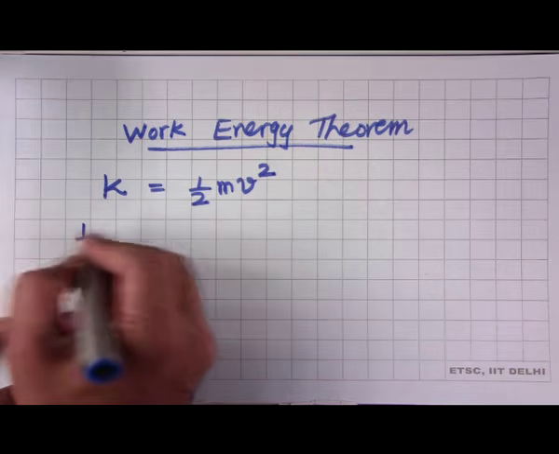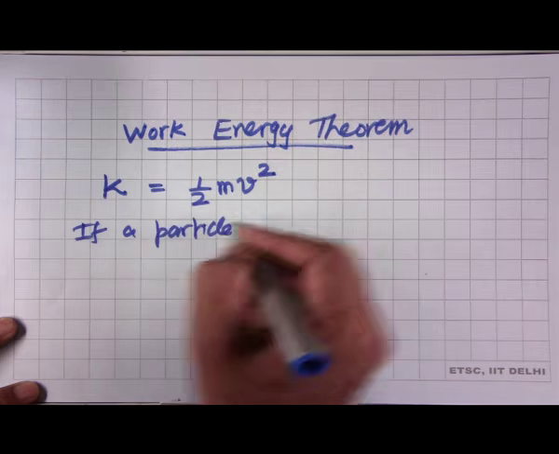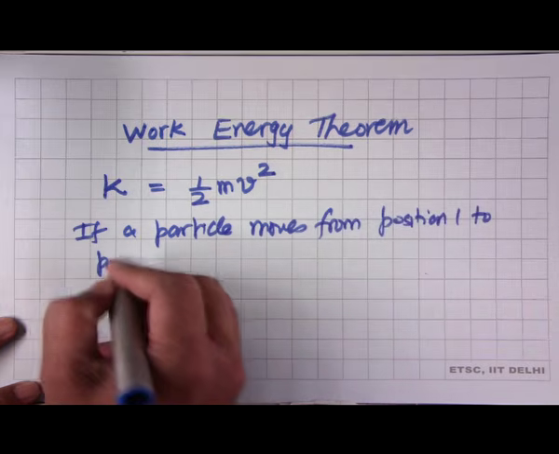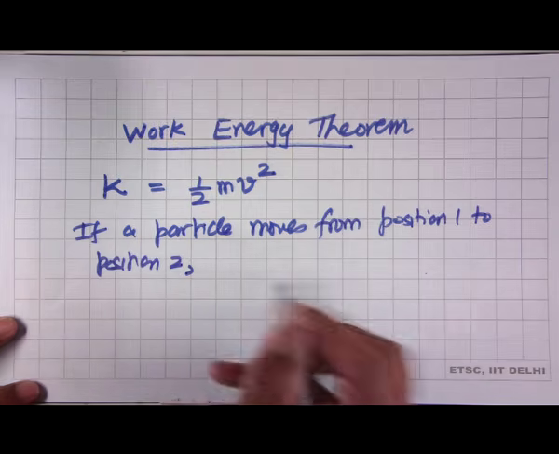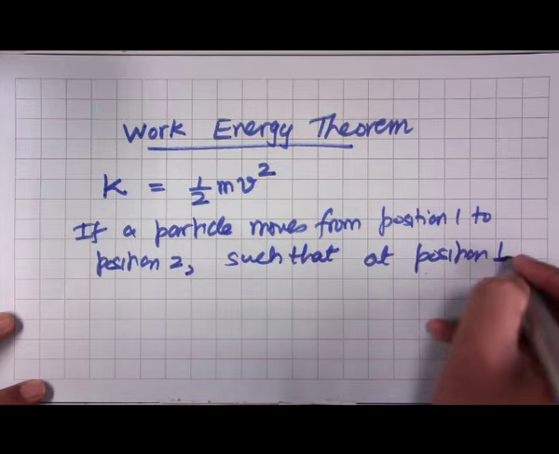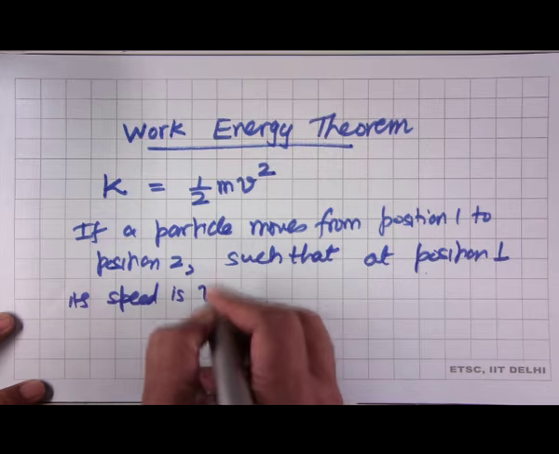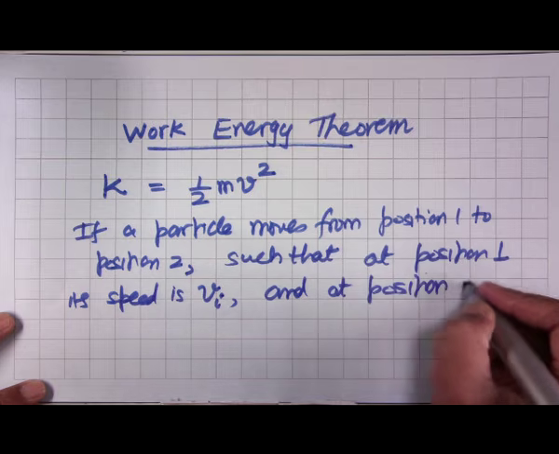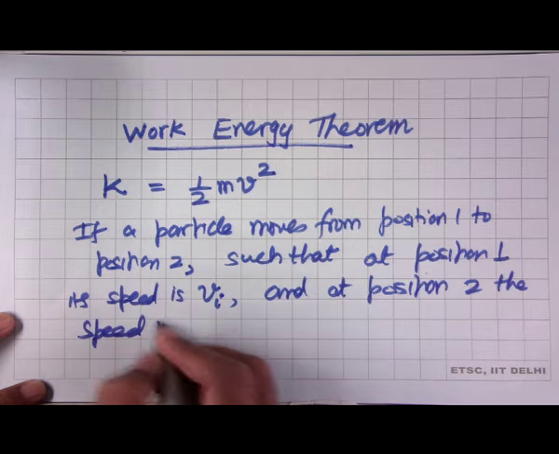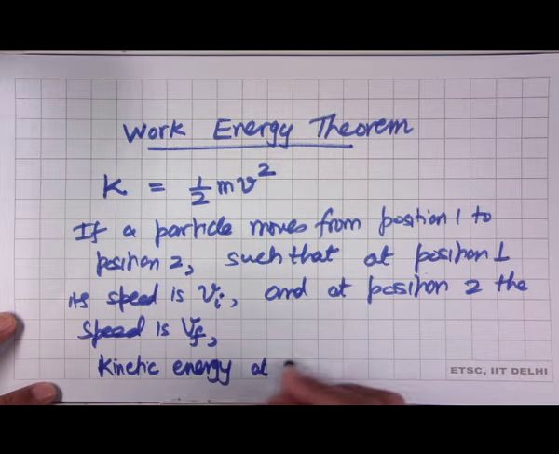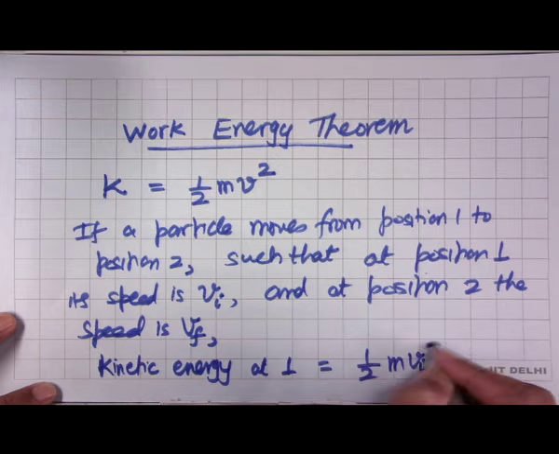Now, if a particle moves from position 1 to position 2 such that at position 1 its speed is V i, and at position 2 the speed is V f, then the kinetic energy at position 1 will be equal to half m V i square.